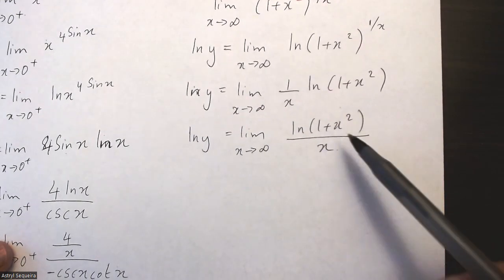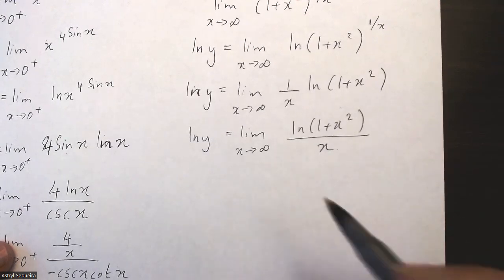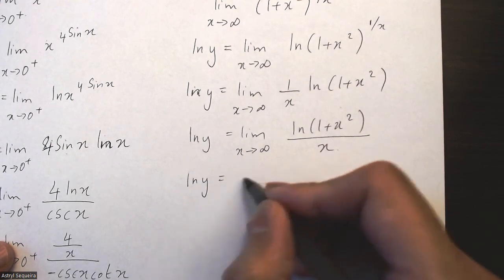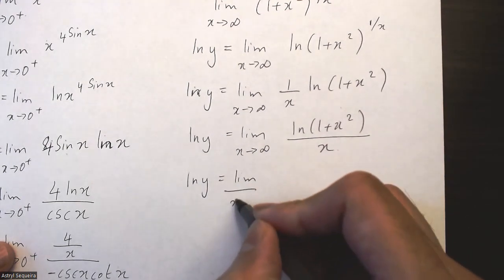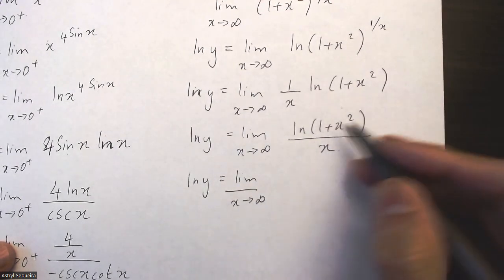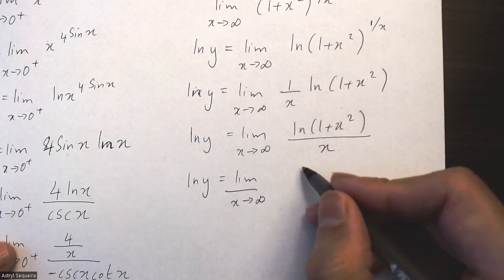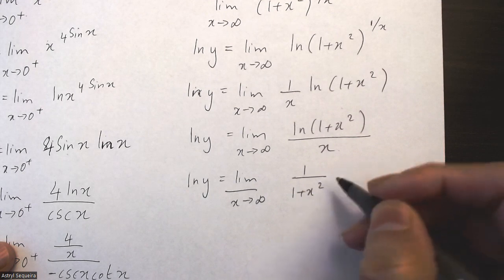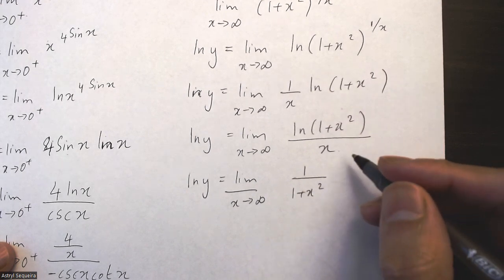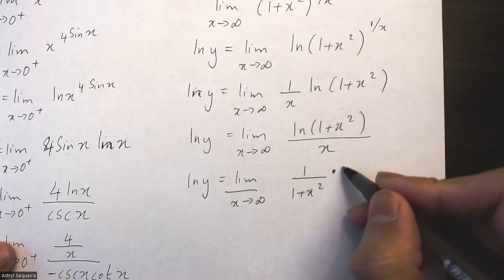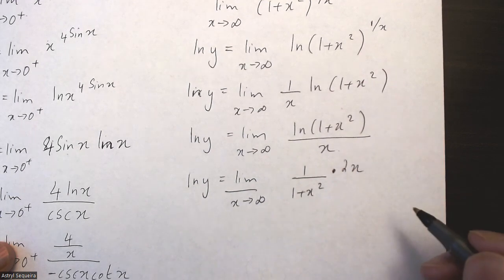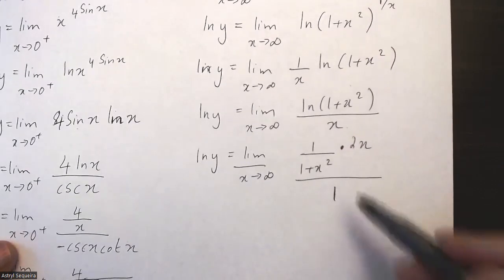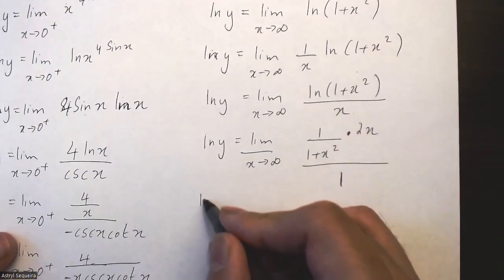So you have to do L'Hopital's rule once in both these cases, or at least once. So let me start by deriving the top. If I derive the top, I will have derivation of this is 1 over 1 plus x squared times 2x. Derivation of the denominator is just 1, so I technically don't need that anymore because anything divided by 1 is just the same thing.